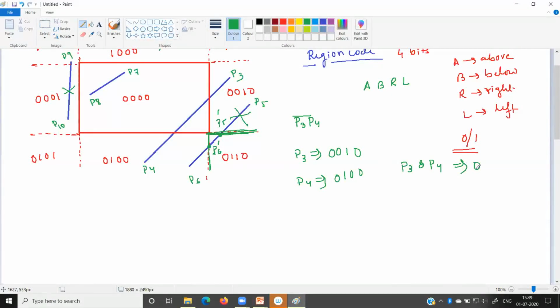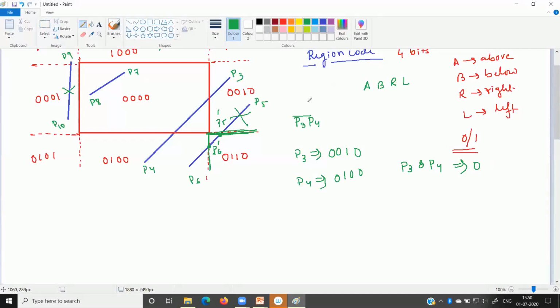As the output is 0, that means either P3, P4 is totally inside the clip window, or some portion of the line segment P3, P4 is inside the clip window. Now we check which one is true.